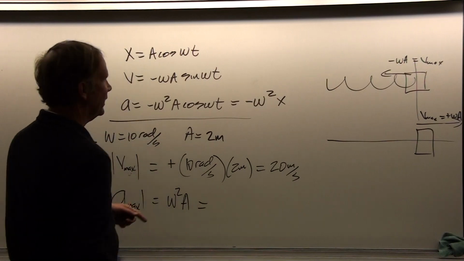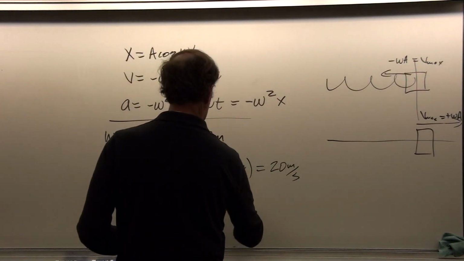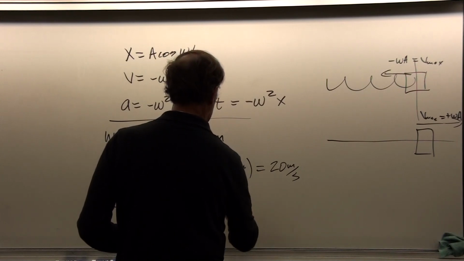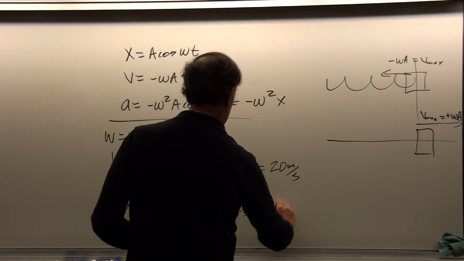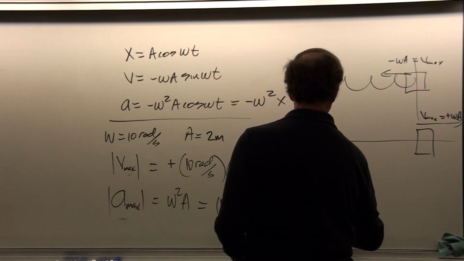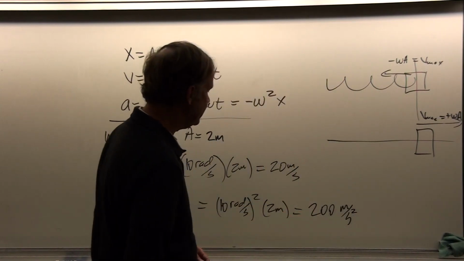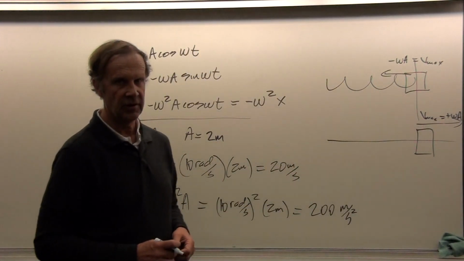So for this problem then, omega again is 10 radians per second, so it would be 10 radians per second squared times 2 meters. So it would be 100 times 2, so it would be 200 meters per second squared, where that would be roughly 20 times the acceleration due to gravity.